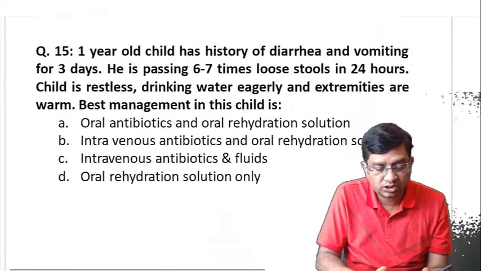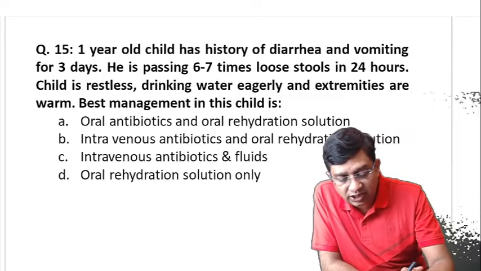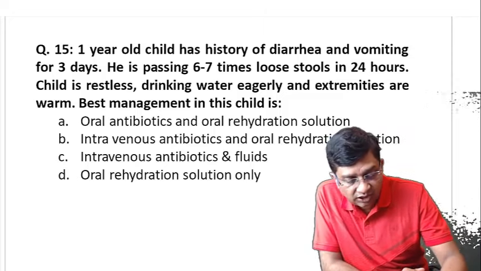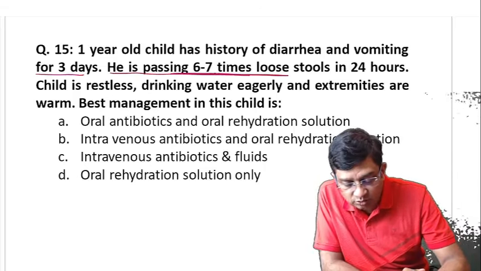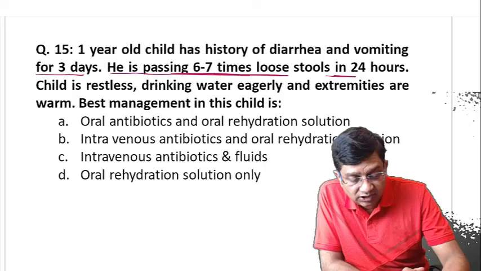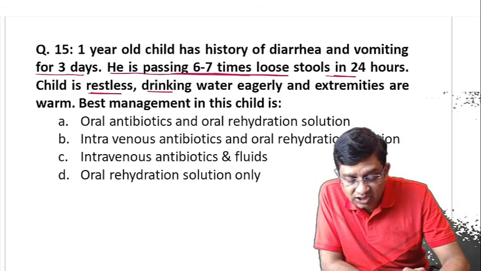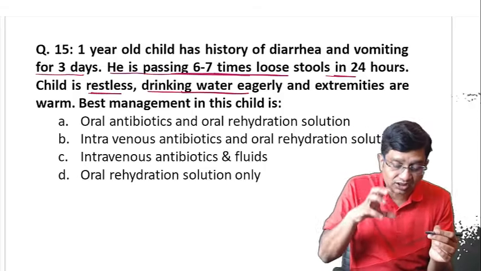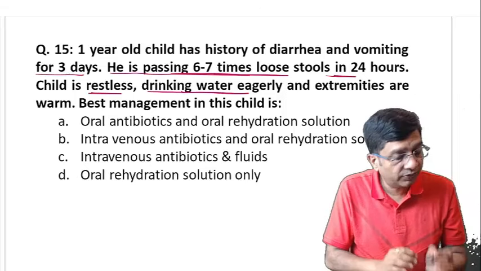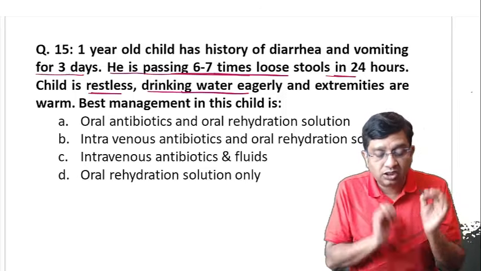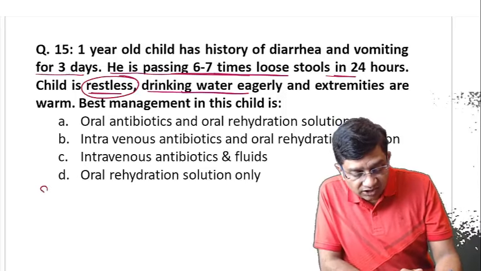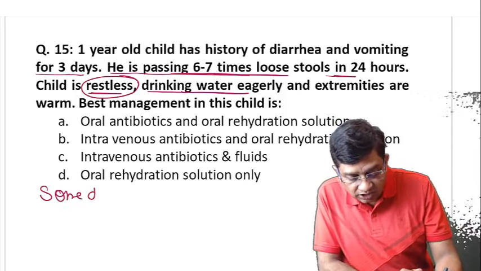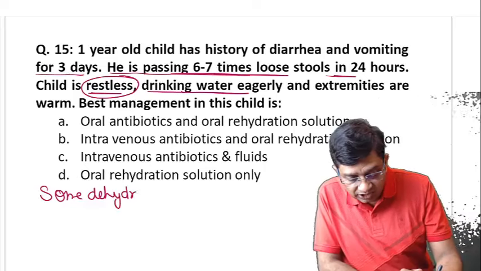The last question: a 1-year-old child has a history of diarrhea and vomiting for 3 days. He is passing 6 to 7 loose stools in 24 hours. The child is restless and drinking water regularly, meaning the child is thirsty. Extremities are warm, meaning no shock. Best management? If your child is restless and thirsty, that goes into the category of some dehydration.